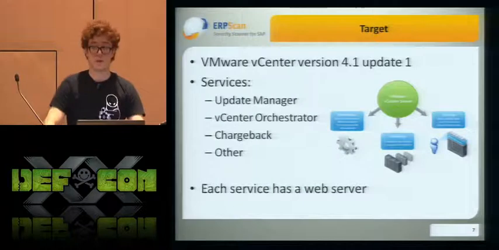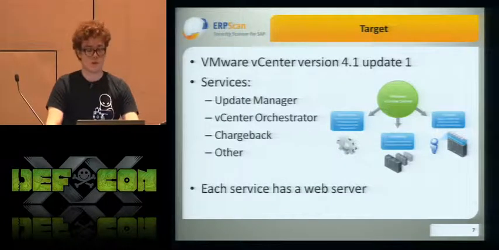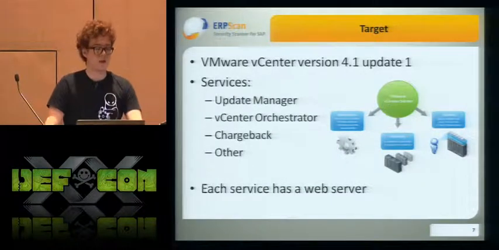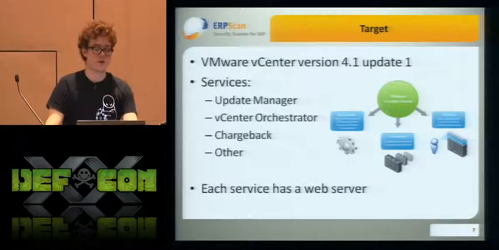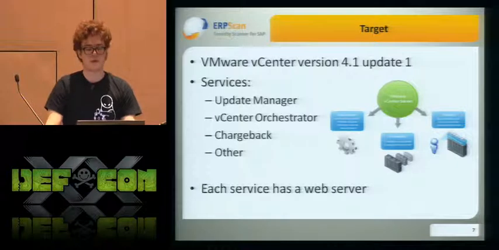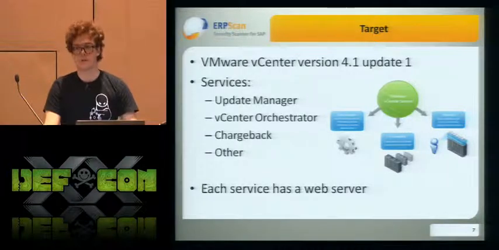So we had vCenter version 4.1 update 1. There are a lot of services on vCenter, like Update Manager, Orchestrator, Chargeback, and each service has a web server and usually uses Java technology.